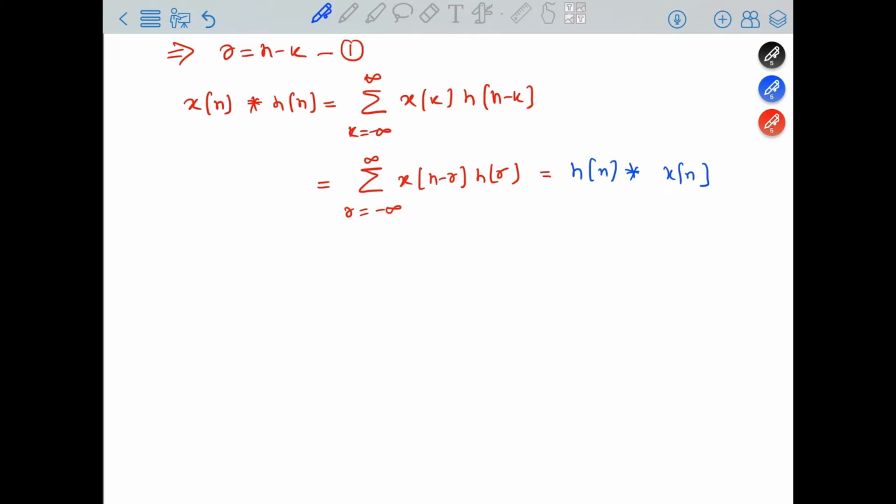So as you can see, here x[n] was the input and h[n] was the impulse response, and when we change the order, h[n] becomes the input and x[n] becomes the impulse response. So this property says that the order doesn't matter and they are equivalent.